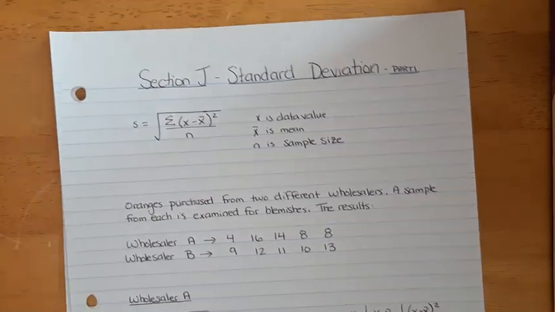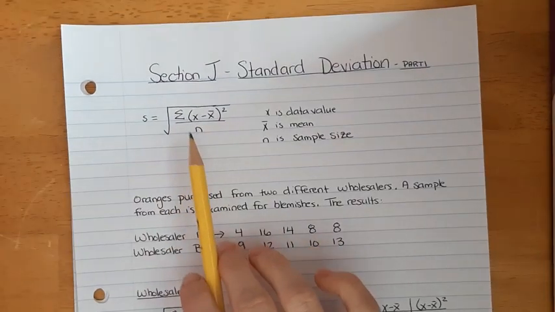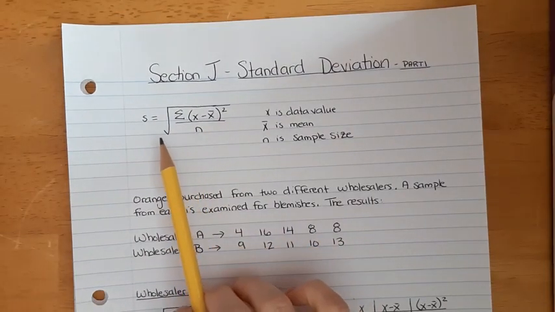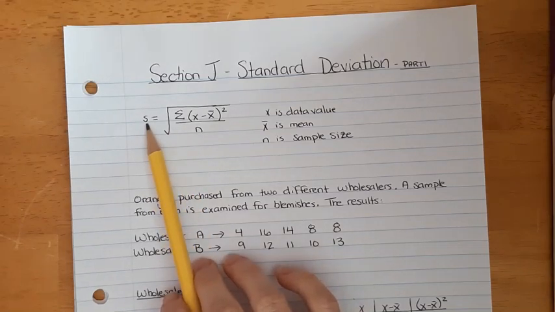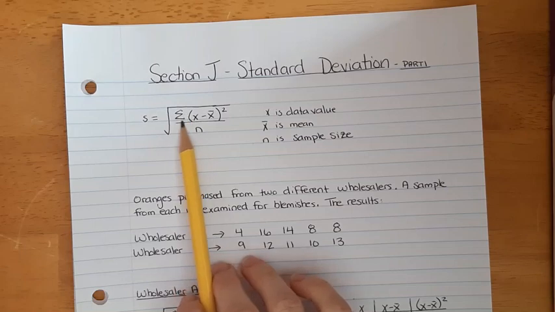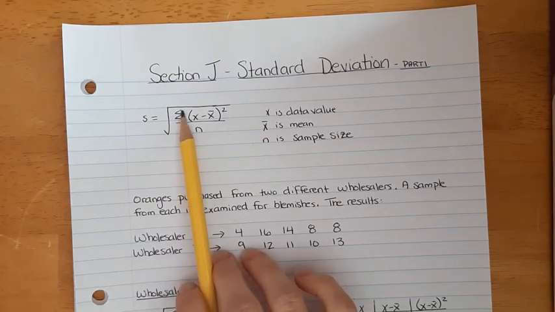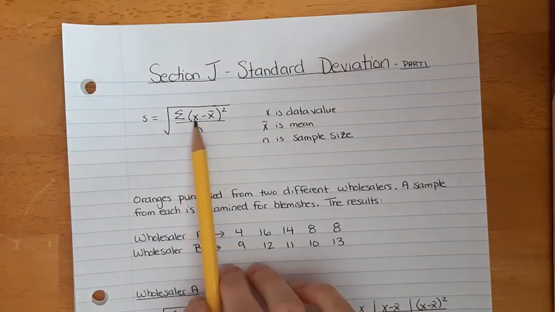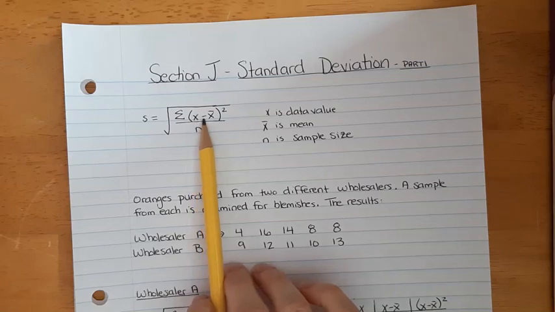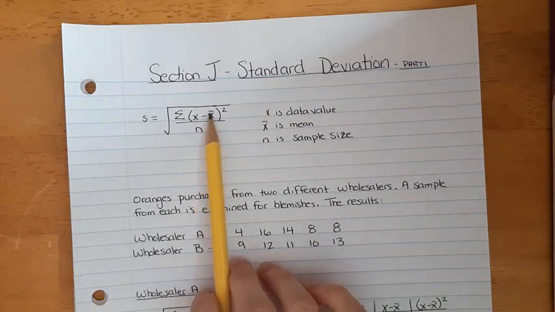It's got a pretty scary looking formula that goes along with it, but when you break it all down, it's not so bad. In the formula, S stands for standard deviation. This symbol we've seen before, and it represents the sum of. So we take the sum of, and in this set of brackets, every value within the data set minus the mean, X bar.